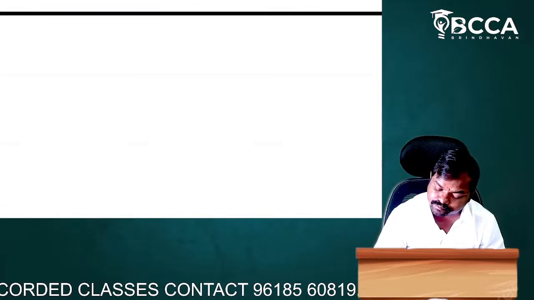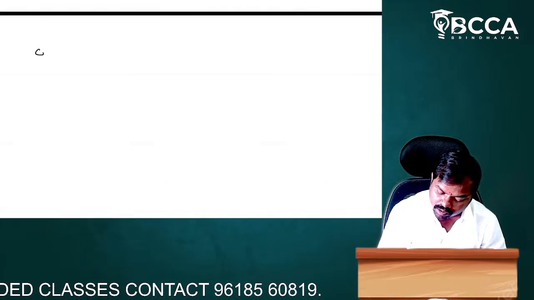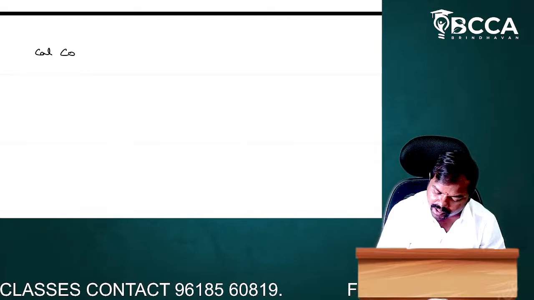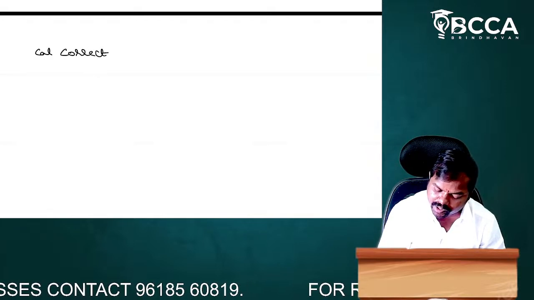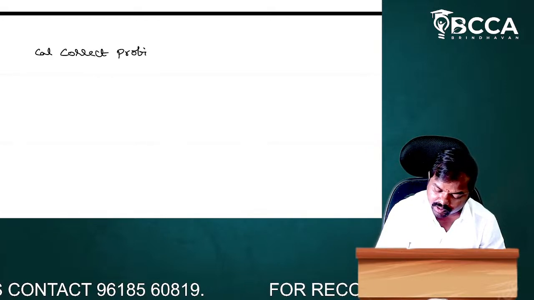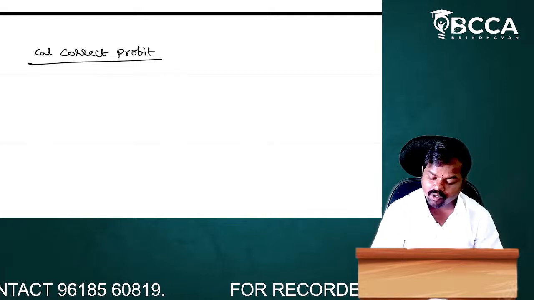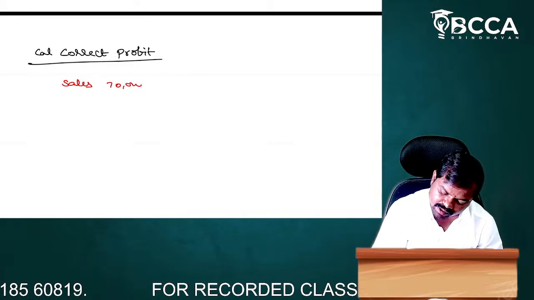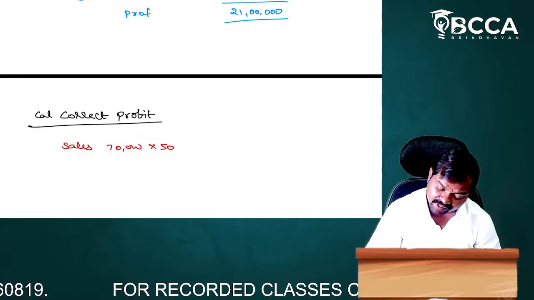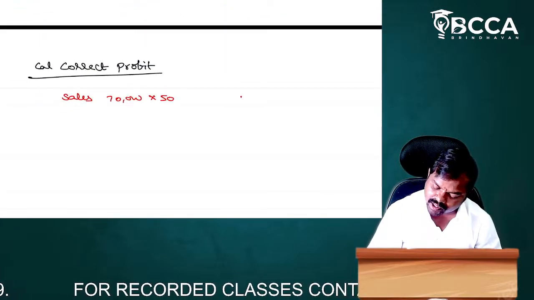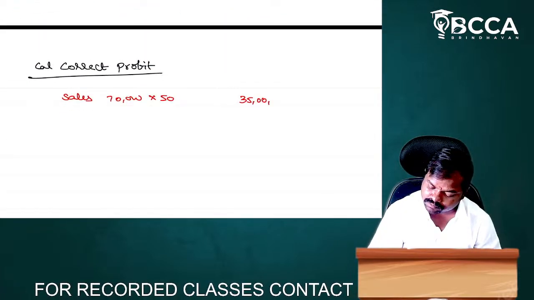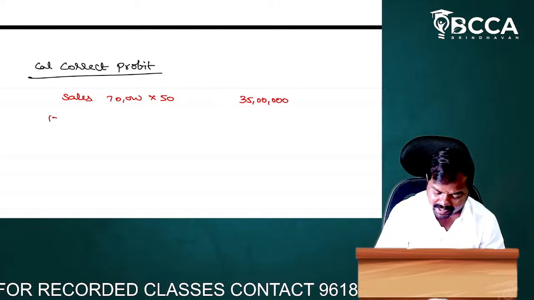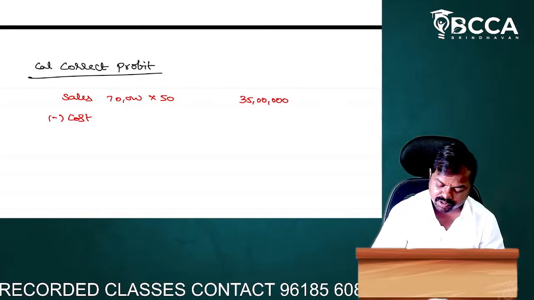Then how to calculate the correct profit? Sales: 70,000 into 50, which is 35 lakh, minus cost.